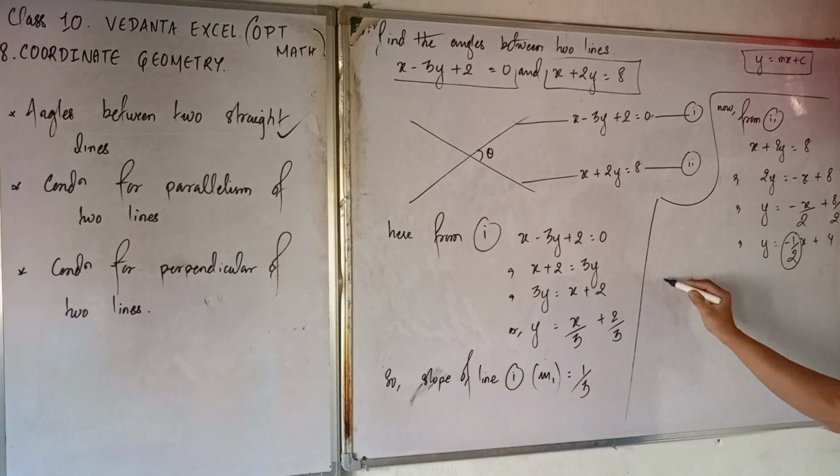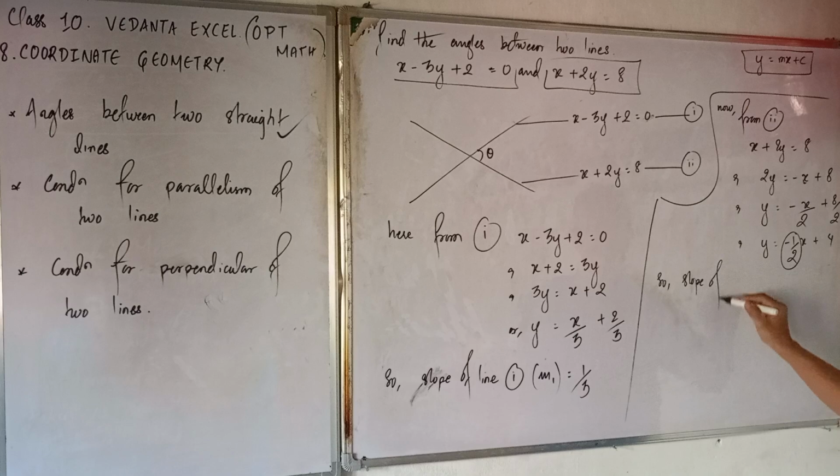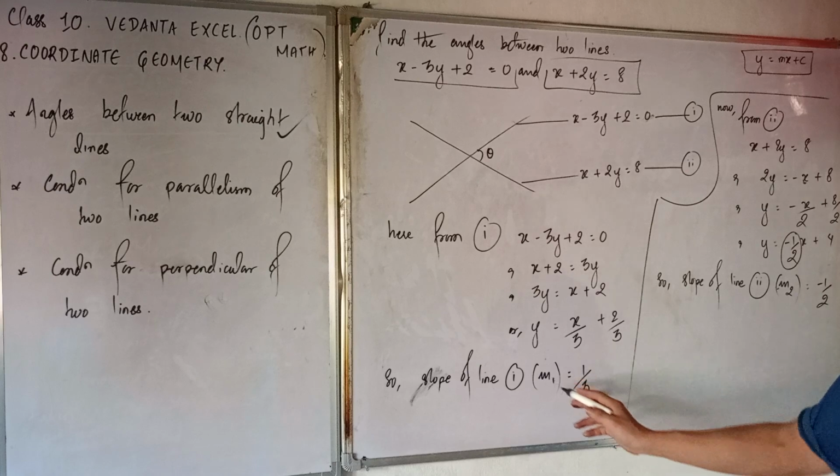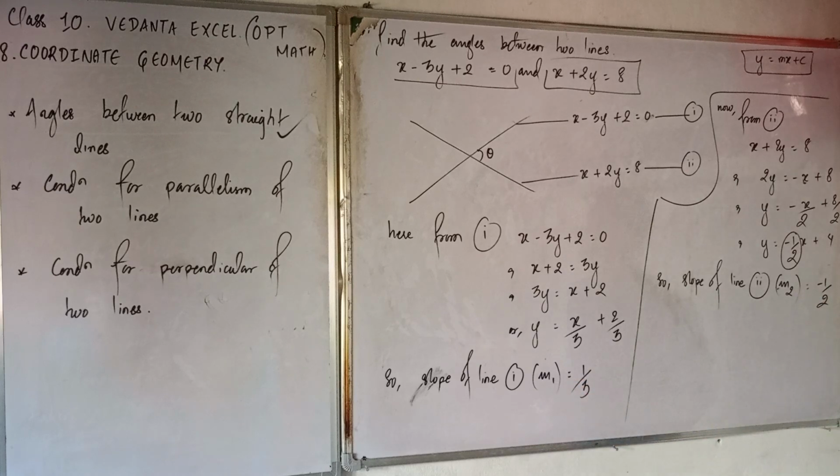So the slope of line II, let me represent that slope by m2, equals minus 1 by 2. After getting m1 and m2, now apply the formula.